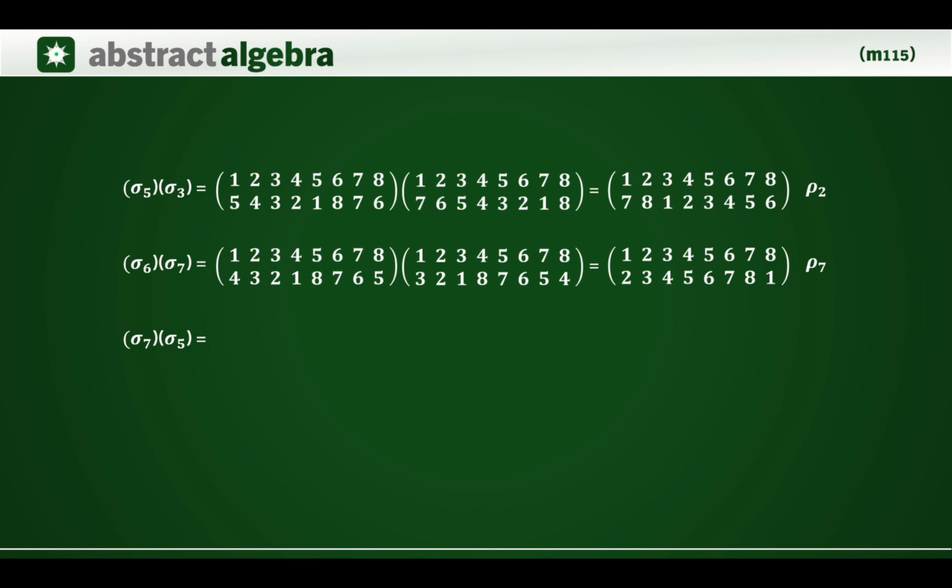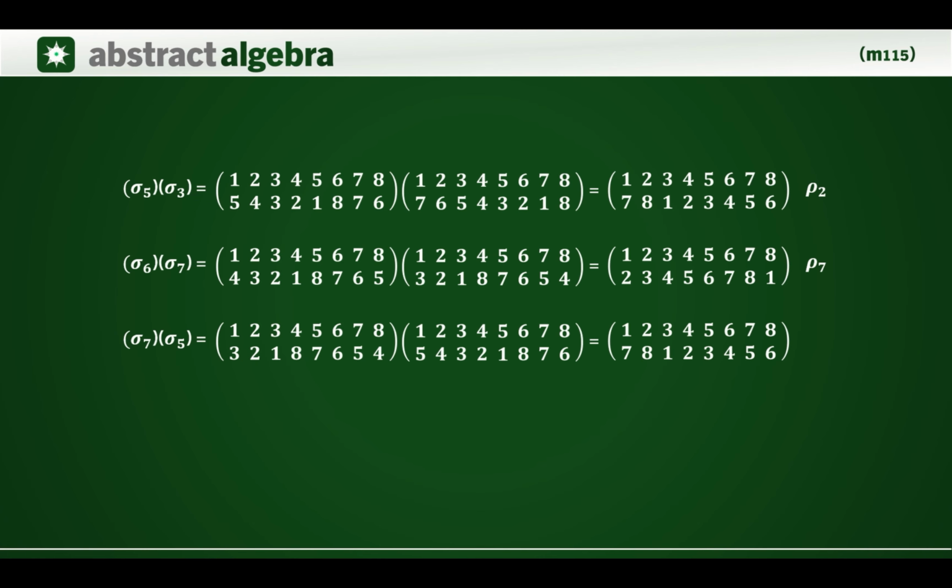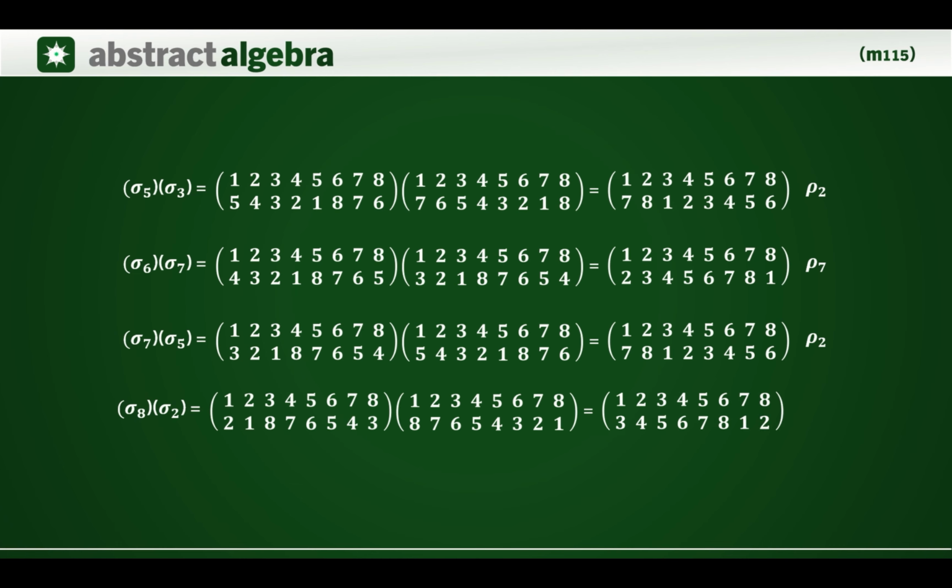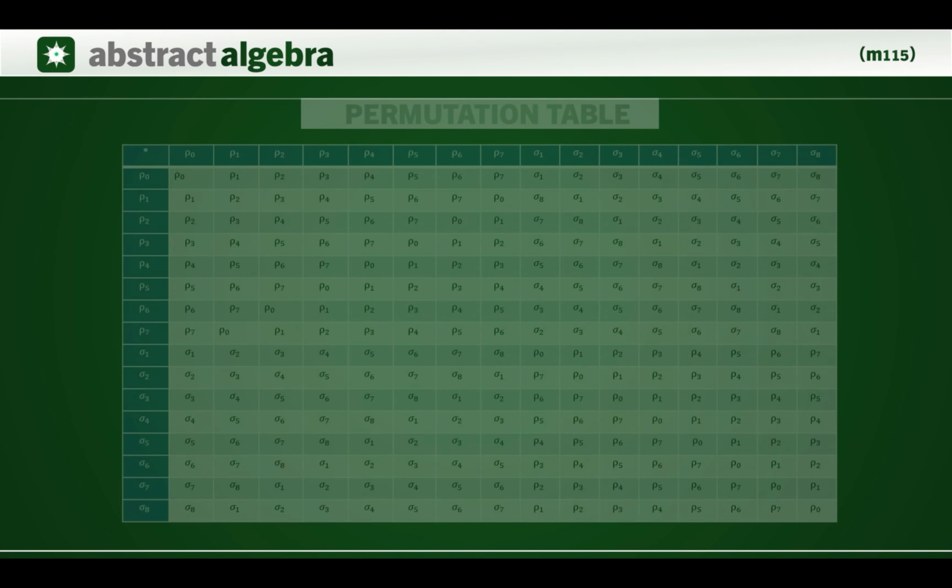Next, the composition of sigma sub 7 to sigma sub 5 results in rho sub 2. Next, the composition of sigma sub 8 to sigma sub 2 gives us rho sub 6.